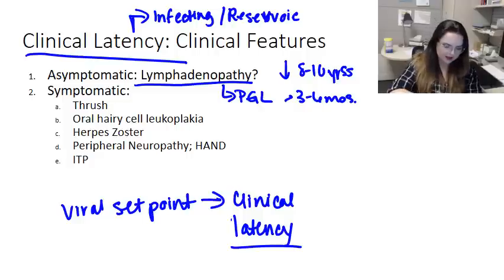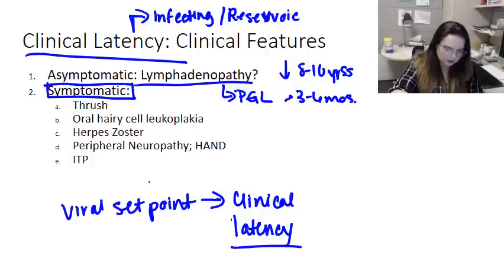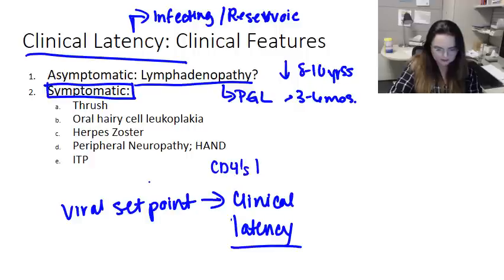Now, what about symptomatic? Symptomatic is kind of a misnomer, okay? So remember, I said that during this phase, your CD4s are still going down, but slowly, and virus is still rising, but again, kind of slowly, because we're in this detente.